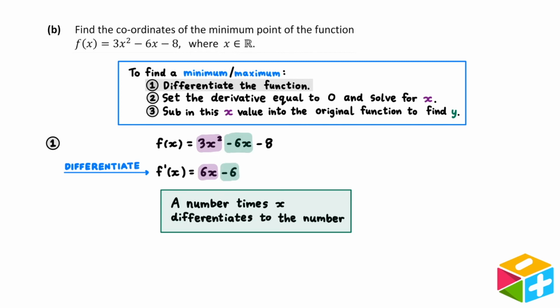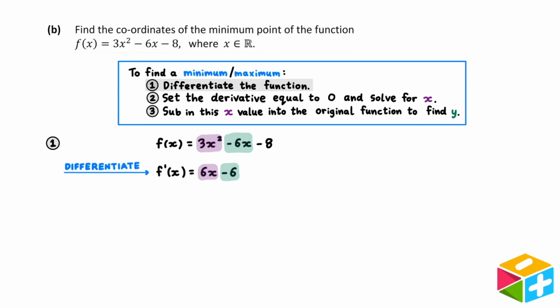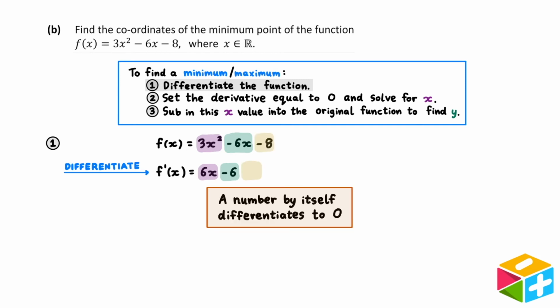Now, let's differentiate the minus 6x. There's a useful differentiation fact which says that a number times x differentiates to the number. So minus 6x differentiates to minus 6. Finally, we have to differentiate the minus 8.